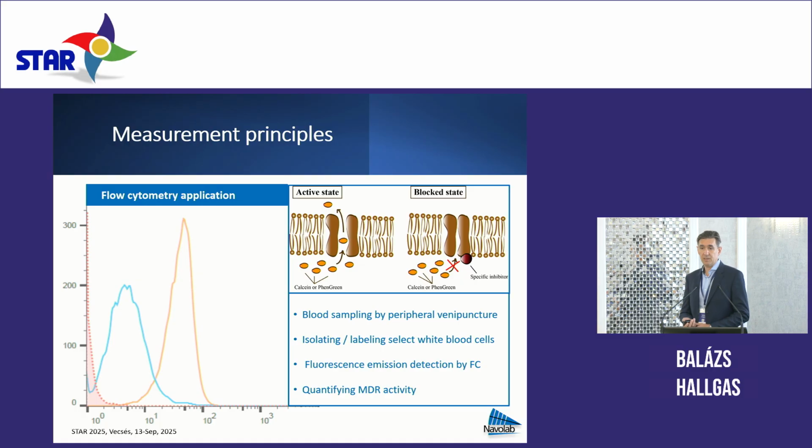The measurement principle is quite simple. We have in the reagent kits fluorescent dyes with which we are loading the immune cells in vitro, and because these fluorescent dyes are substrates of these transporters, the transporters efflux the majority of the dyes from the cells, so the remaining fluorescence intensity can be measured by flow cytometry, and you will get these two types of intensity bars, as you see on the left hand.